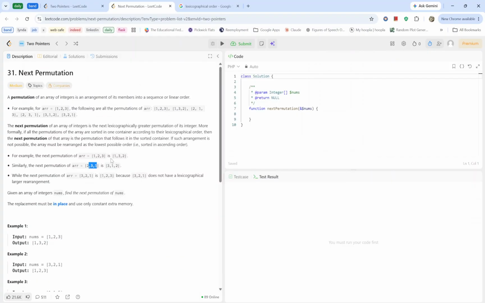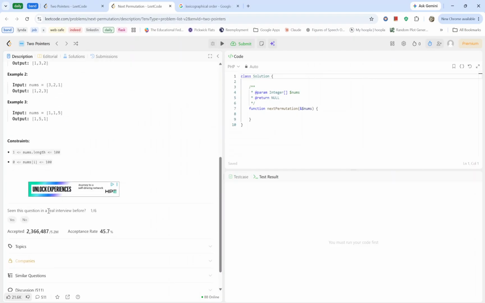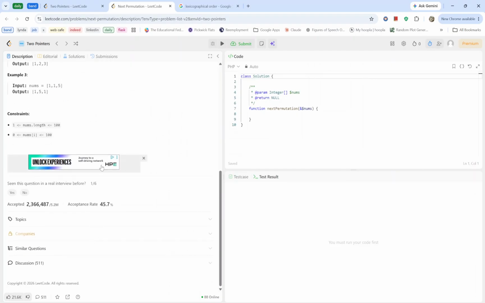I'm probably never gonna solve this because I don't even know how to start, to be honest. Looking at the array, there could be 100 different possibilities. So 100 times 100 is what?